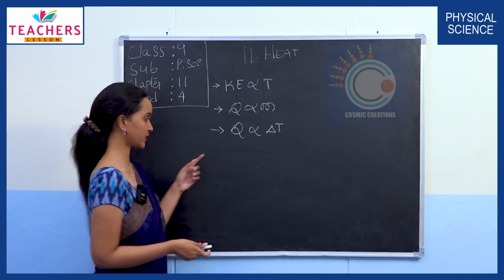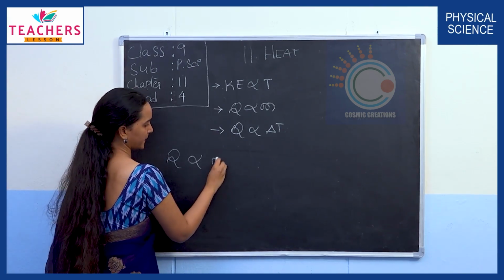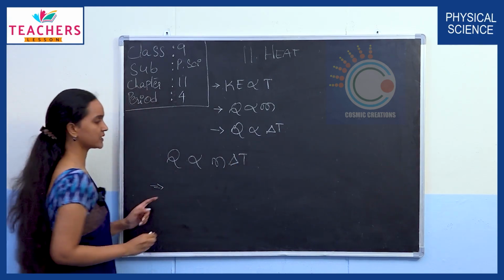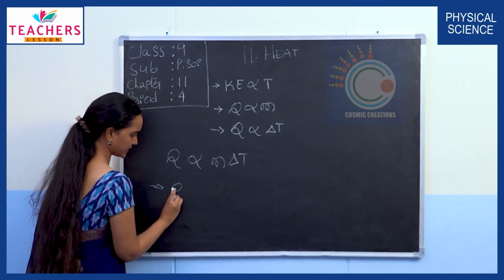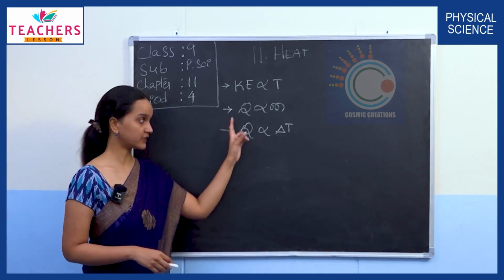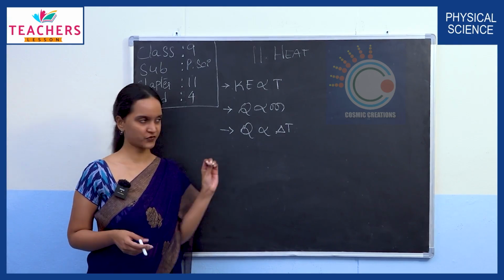From this relationship, we have deduced Q proportional to M delta T. Alright? From this proportionality, we have derived specific heat capacity. So, using these two relations, we have deduced the specific heat capacity of an object. Right?